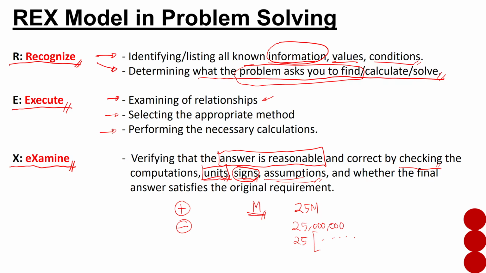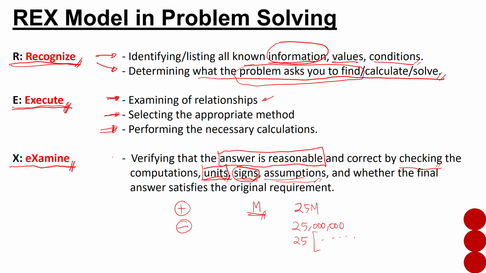So to sum up, the REX model is asking us to recognize what the known information is and what the problem asks us to find. The execute asks us to examine the relationships of the given information, select the appropriate method, and then perform the necessary calculations.